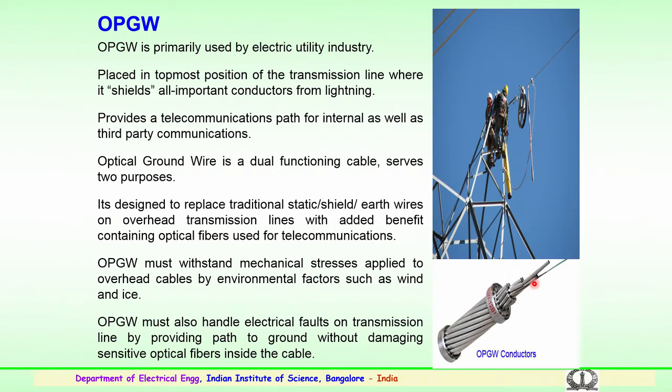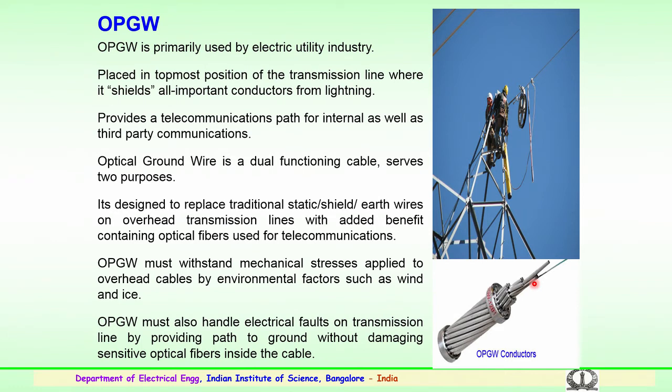One is that it acts as a conductor for diverting surges or over voltages during a lightning strike, and the other is the communication aspect. It is designed basically to replace the traditional static or shielded earth wires which were earlier employed for overhead transmission. This has the additional benefit of containing the fiber optic cable for telecommunications as well.